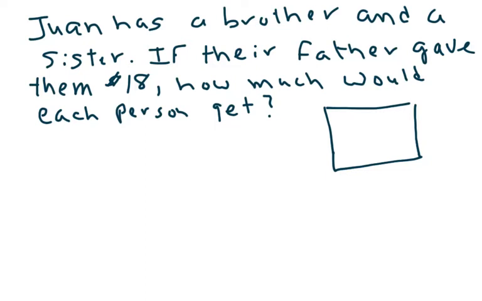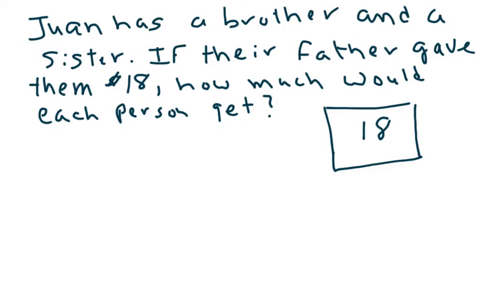You could draw a picture with each dollar bill, but that might take a while. But here what we have is $18. Now, if we're going to divide it up so that each person gets the same amount of money, we've got to know how many people there are. How many people are there?